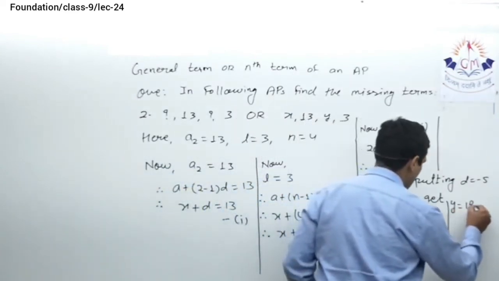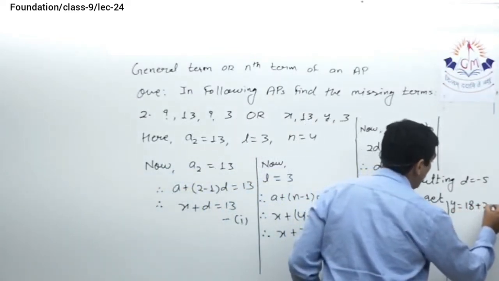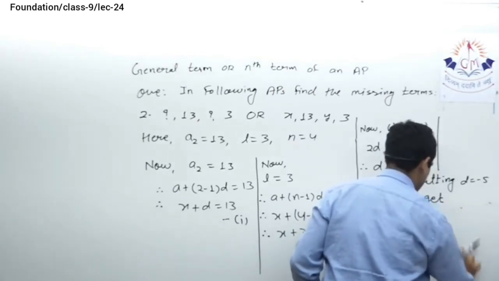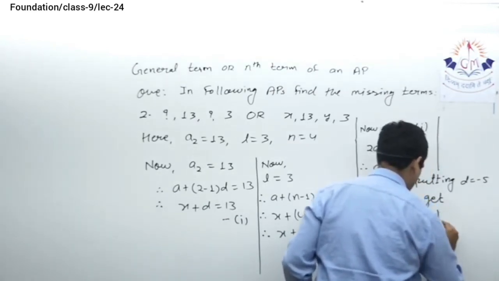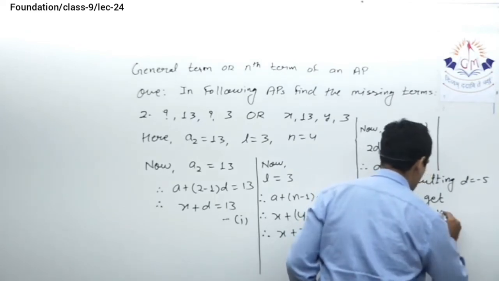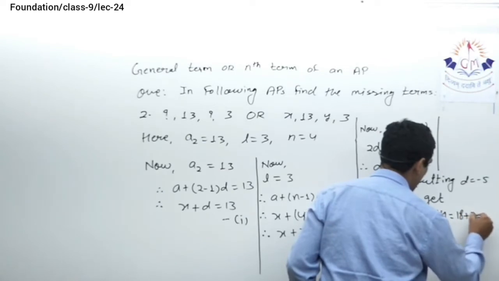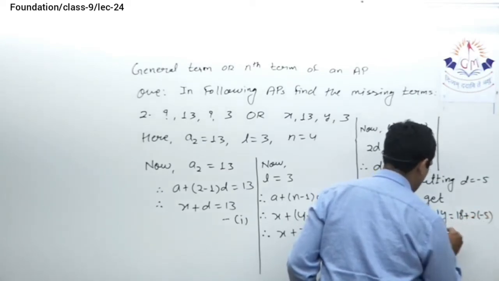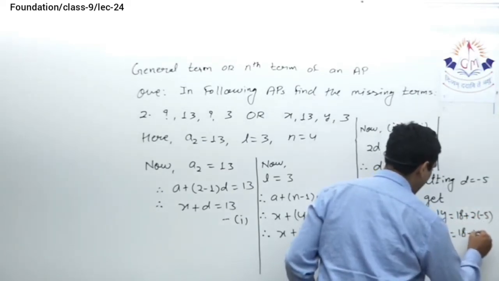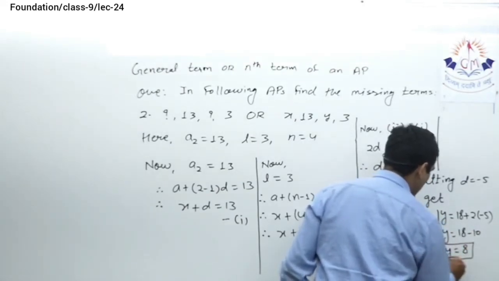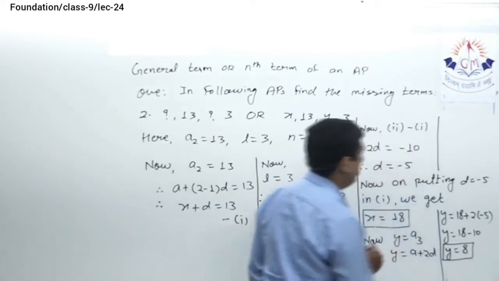So y is equal to 18 plus 2 into minus 5, that is y is equal to 18 minus 10, so y is equal to 8.